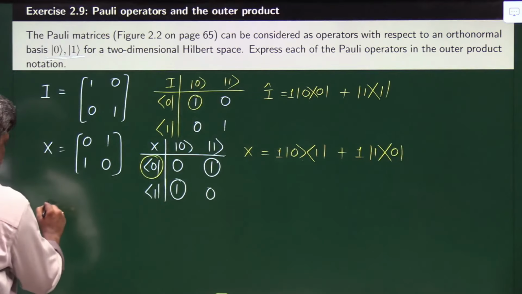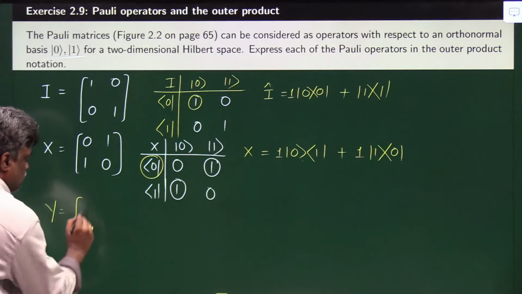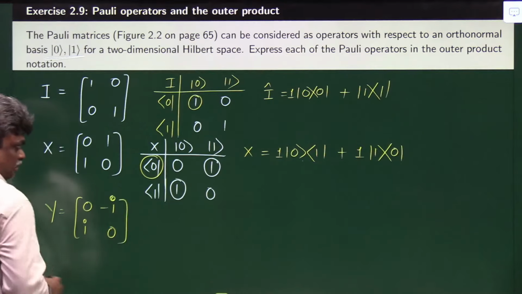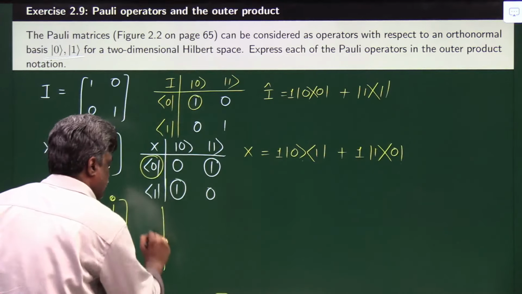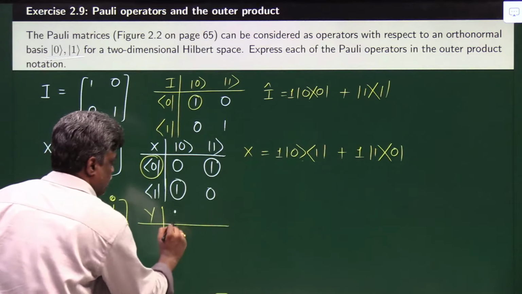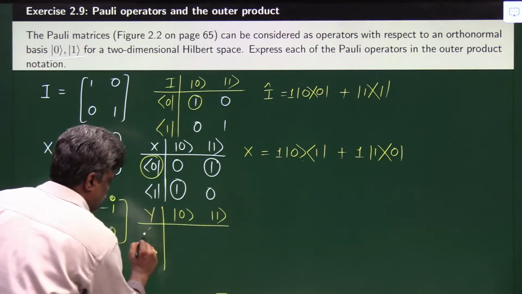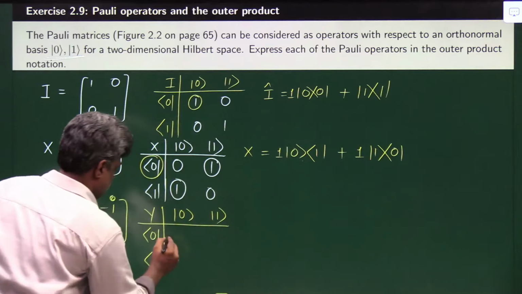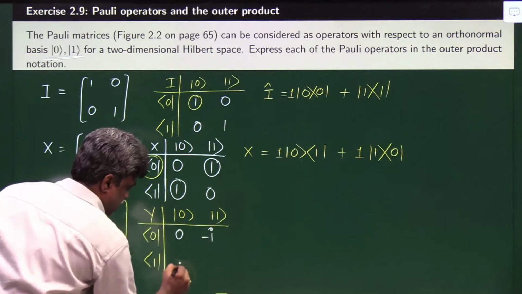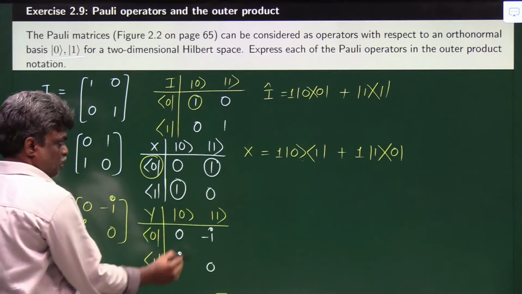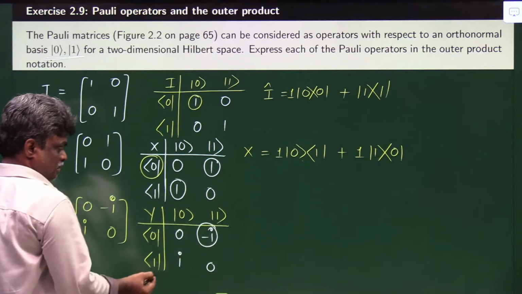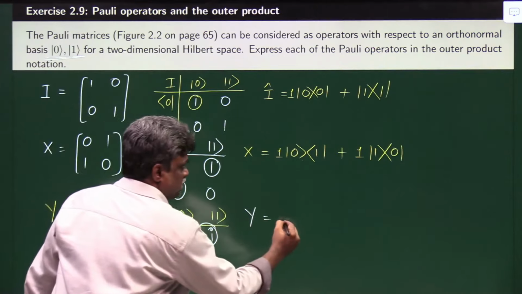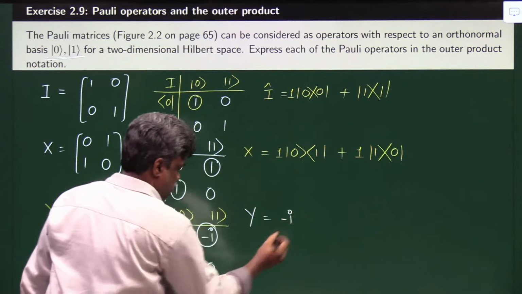Similarly you can go with Y. This is 0 minus iota, iota 0. First let us write the matrix representation: ket 0, ket 1, bra 0, bra 1. So this is 0 minus iota, iota 0. Wherever a non-zero element is there, just round up. So Y is equal to the first non-zero element, minus iota.